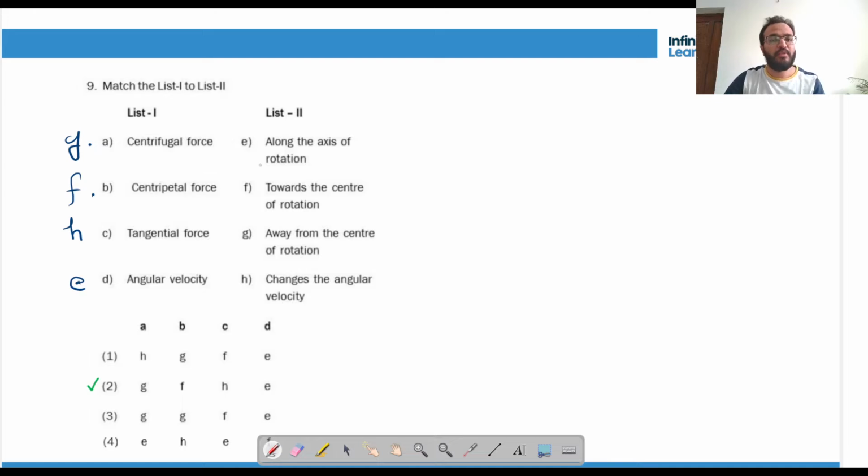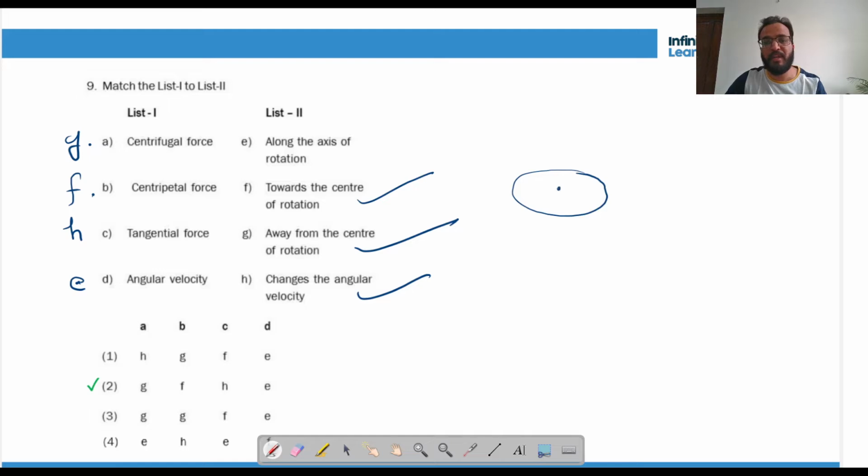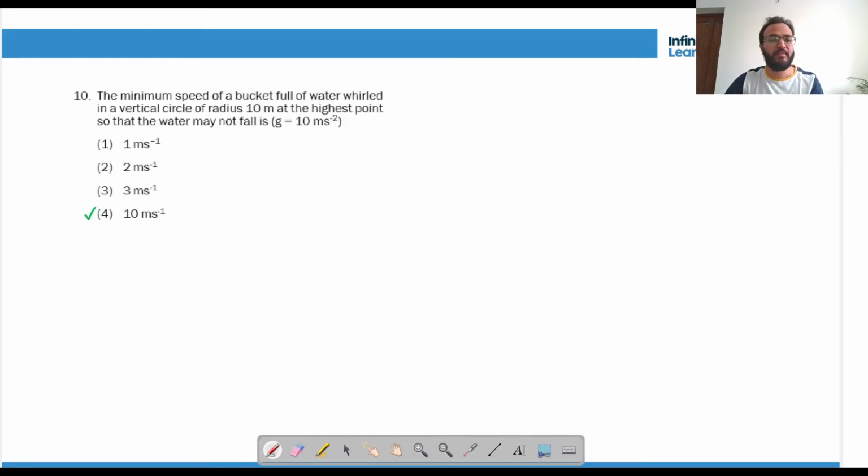So we will say that centrifugal force we always know acts away from the rotation, centripetal towards the rotation. Tangential force changes the linear speed or angular speed of the object, and angular velocity is always perpendicular to the plane of rotation. Got it? So option E is correct.